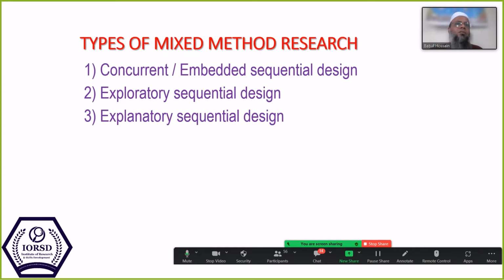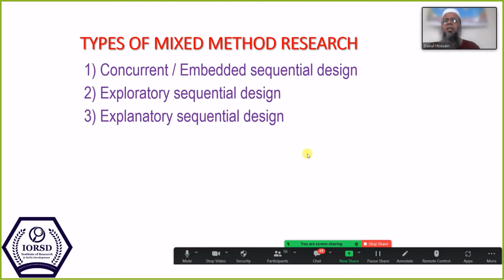After getting these variables, he develops the instrument and collects quantitative data through a questionnaire survey. After collecting the quantitative data, he goes for statistical analysis and finds whether his proposed hypothesis is significant or not. That is called the exploratory sequential design.